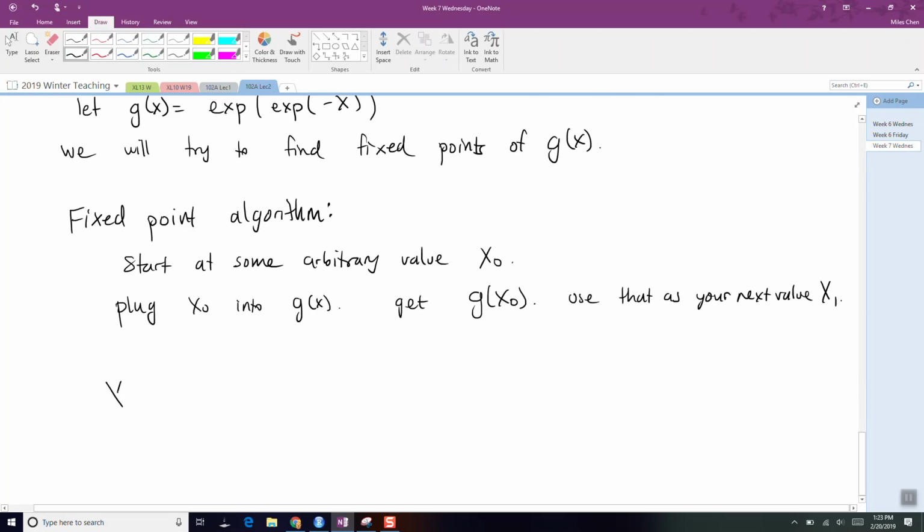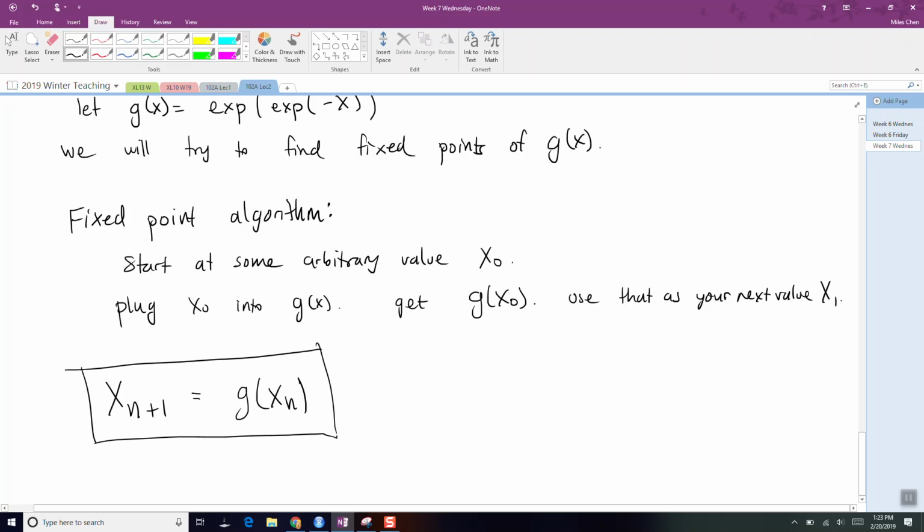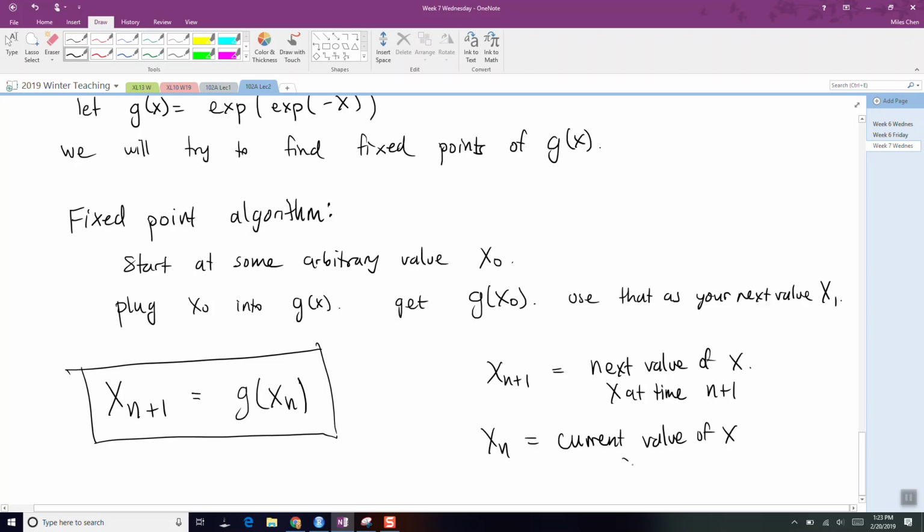And basically, we're going to just say the next value of x is equal to g of the current value of x. So xn plus 1 is next iteration, next value of x, or x at time n plus 1, and xn is our current value of x, x at time n.